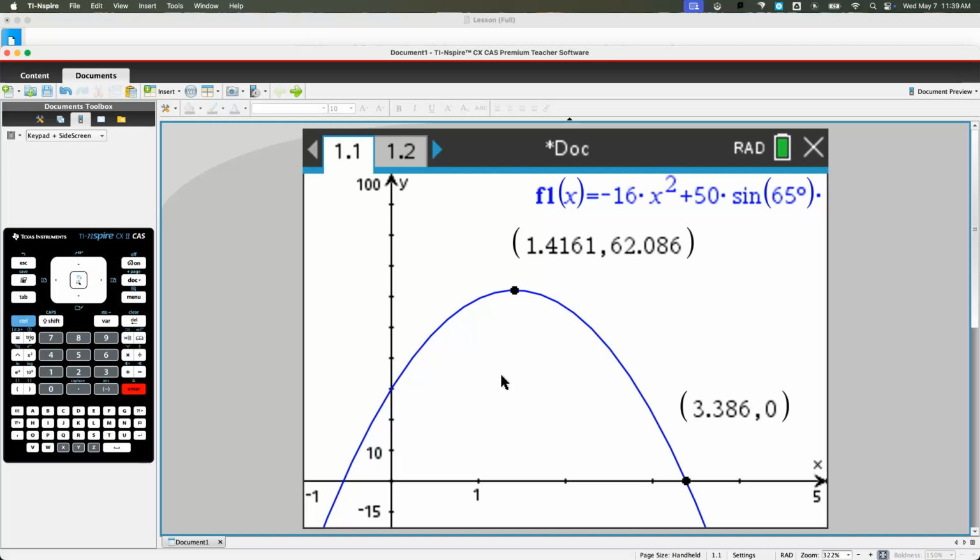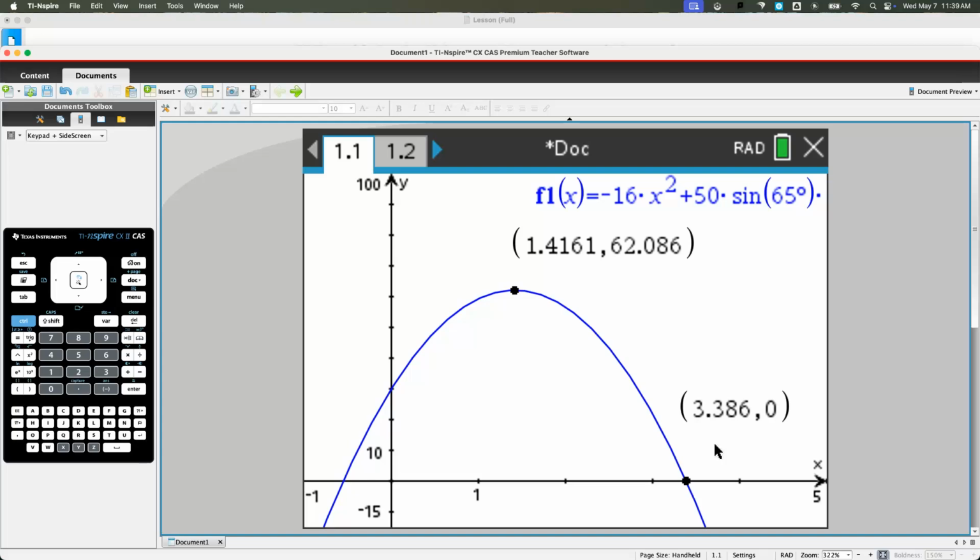Okay? So this now tells us that the ball was in the air for a grand total of 3.386 seconds, reached a maximum height of 62.086 feet, and it reached that maximum height at 1.41 seconds.